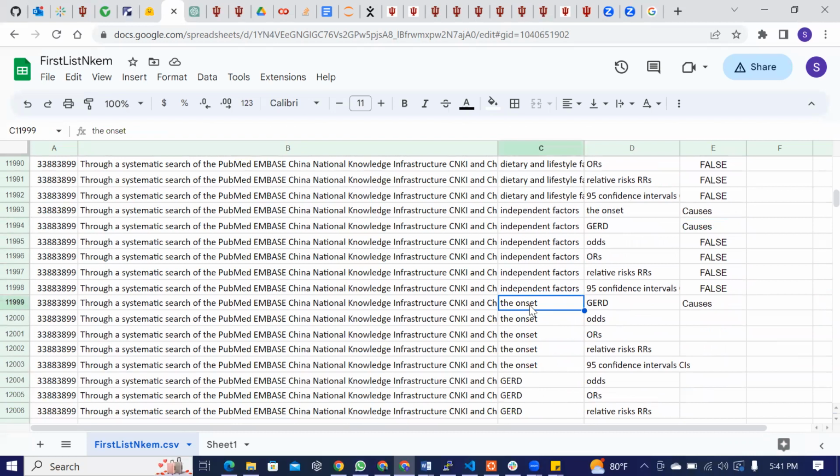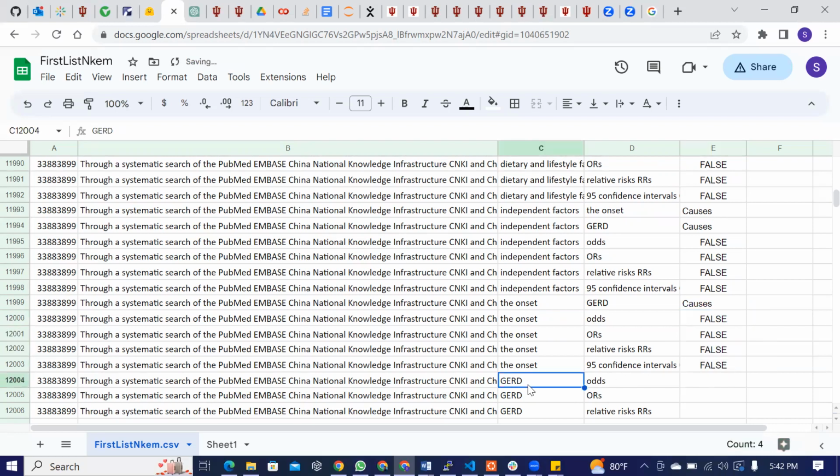Now, if you look at this, the onset of GRD is, you understand, causes. So you just put causes there if you want, or you put miscellaneous. If you're not sure, put miscellaneous. If you're sure, put causes. Now, onset, odds, all these are going to be false.